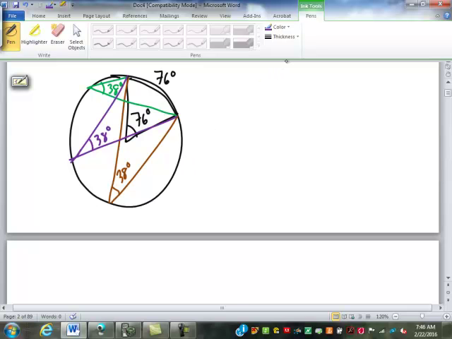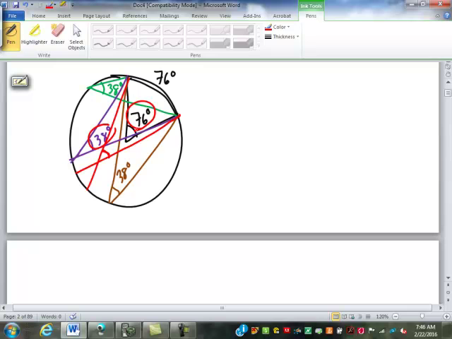What's that? For now, what do we know about that angle? No. It's smaller than 76, but it must be larger than 38. Does that make sense? It's between the two.